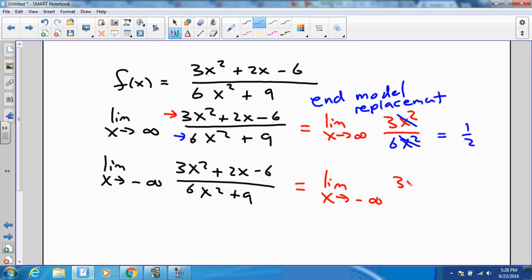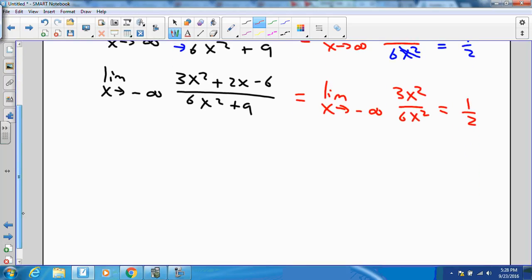We're going to take the limit now as x goes to negative infinity of 3x squared over 6x squared, which is the same as, again, 1/2. So the use of end models greatly simplifies your computations, and once you've done like 2 or 3 of these, you can basically do them in your head. Let's look at a couple more examples, and then I'll talk very briefly about exponentials.